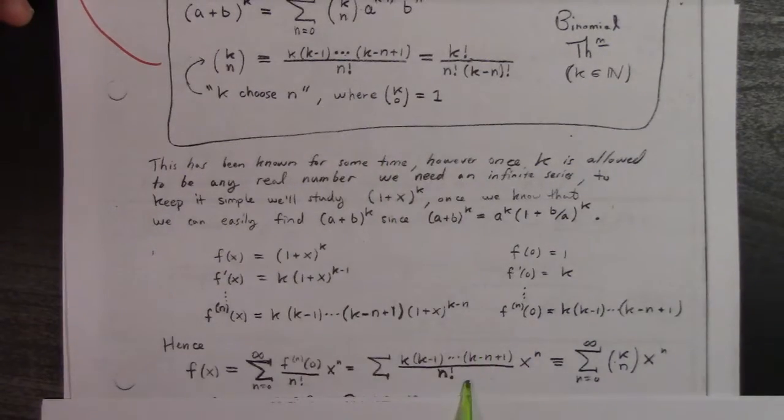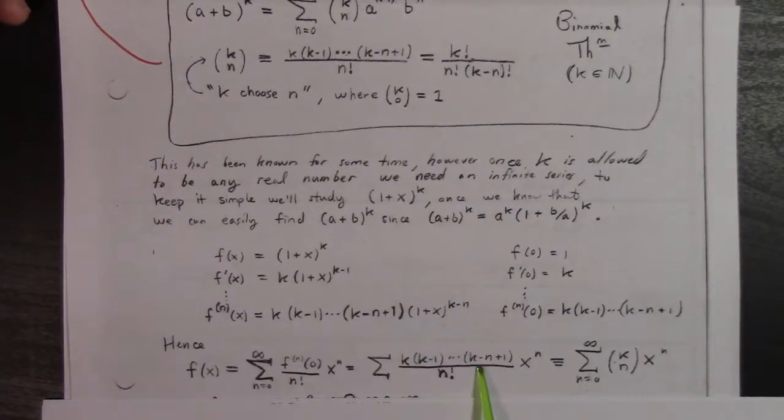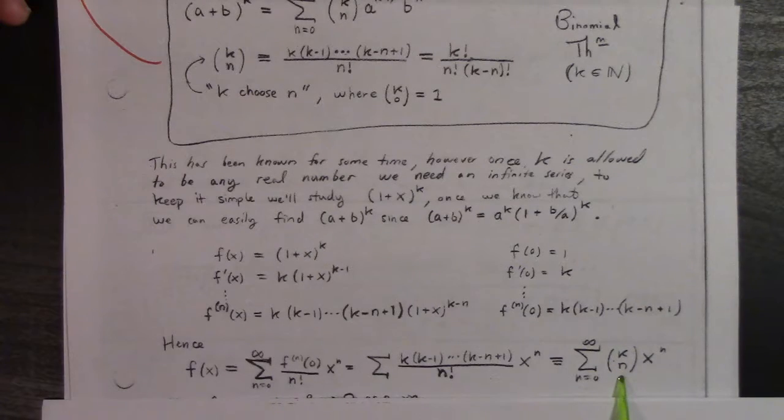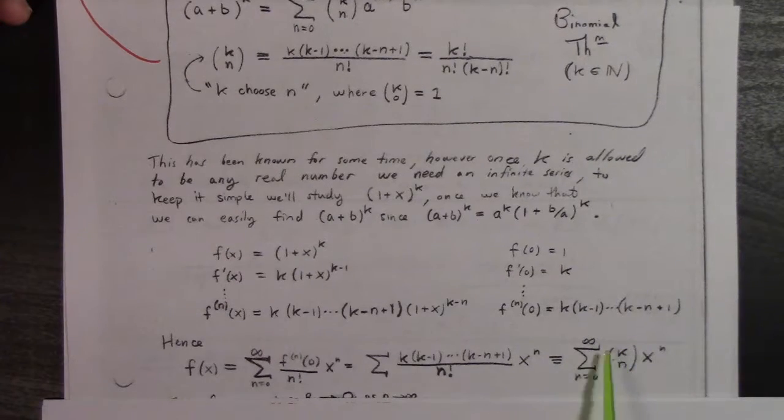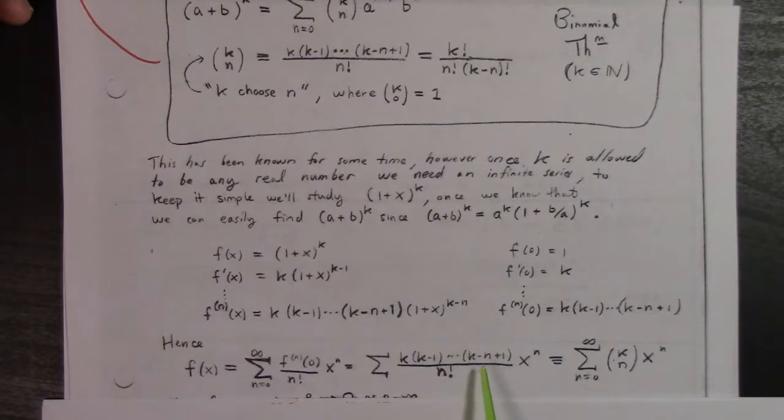Now, the difference between this and that, and technically speaking, this is not quite legit. I should really only write this equality here when k is a whole number. If k is not a natural number, then this is still true, but this no longer makes sense. Most people wouldn't allow k to be like 3.5, but this expression over here makes sense with k equal to 3.5.